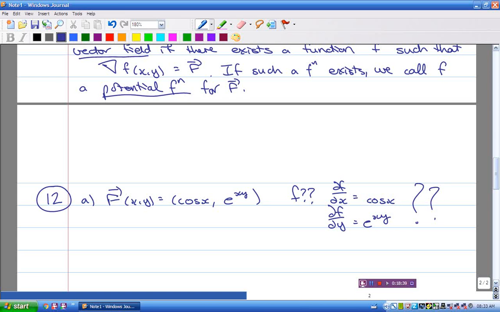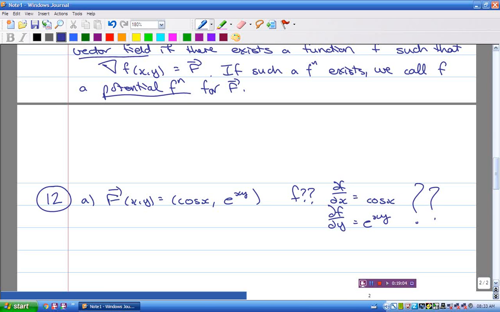Because you know what happens when you differentiate e to the power of a function. Cos x is not the problem there. It's the e to the xy that's the problem. Because if we differentiate e to the power of a function, we get e to the power of that same function times the derivative of the function in the power.